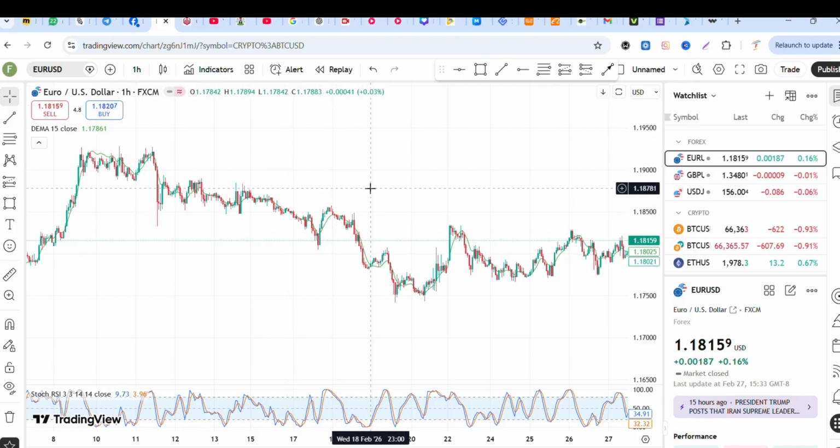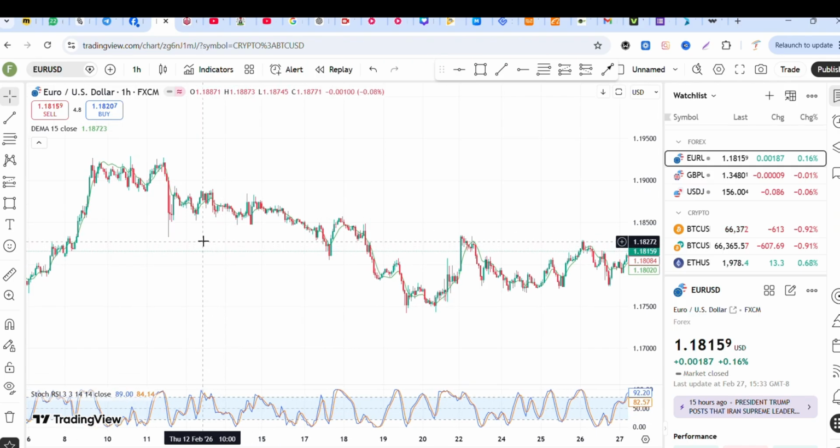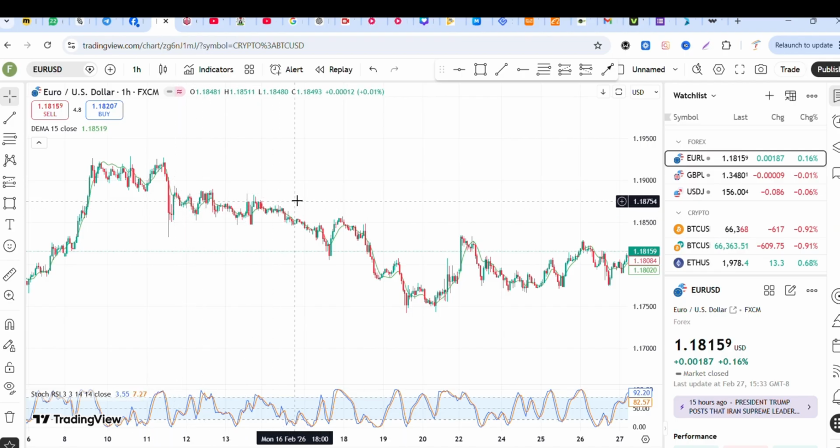And when more people are selling, prices automatically go down. This is the basics of what we have done in school and what goes on in the economy.